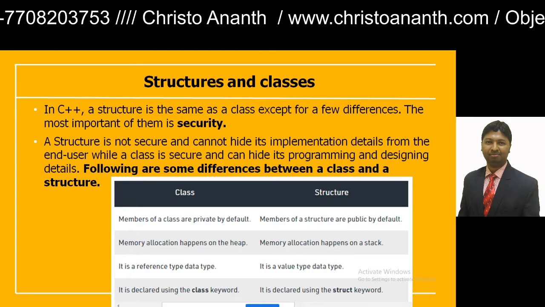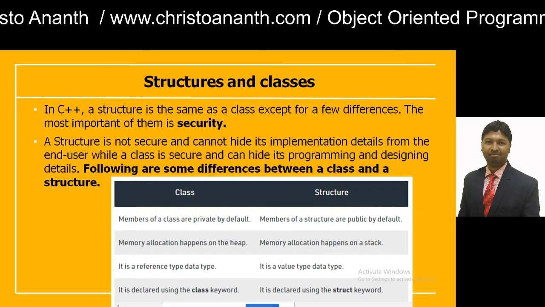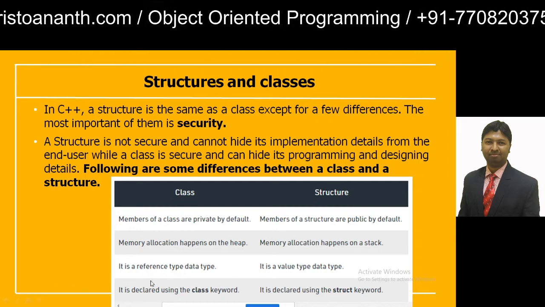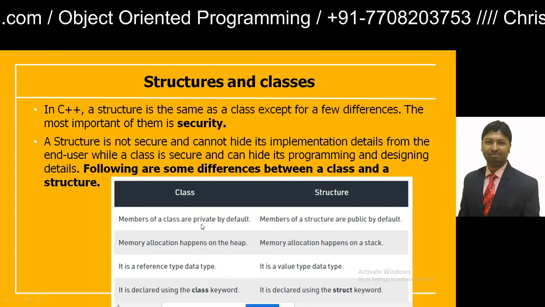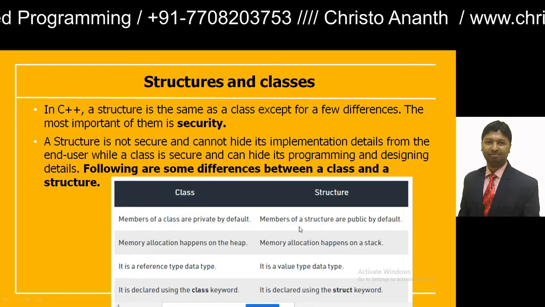You can hide the programming, the design details, the implementation details from the end user. In a class, the members are private by default, and in a structure, the members are public by default.